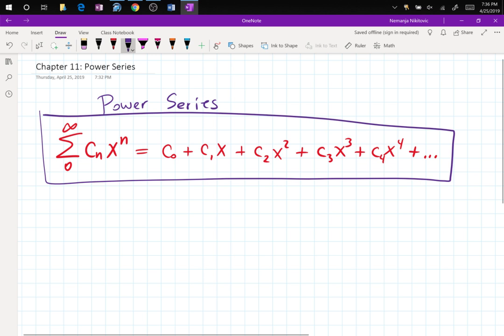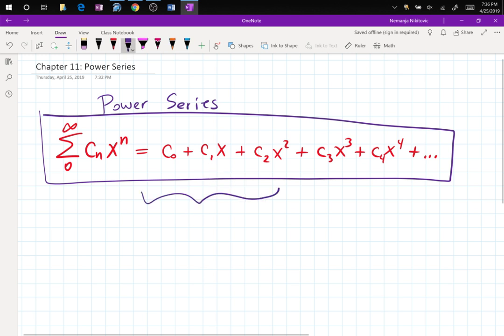What do you have on the right hand side? What is this? Isn't it just a polynomial? Yeah, it's just a very big polynomial.